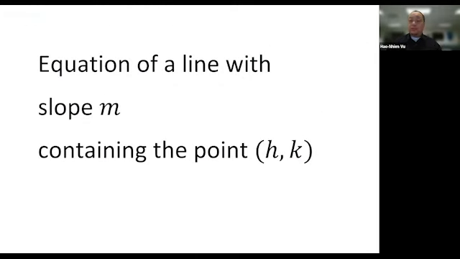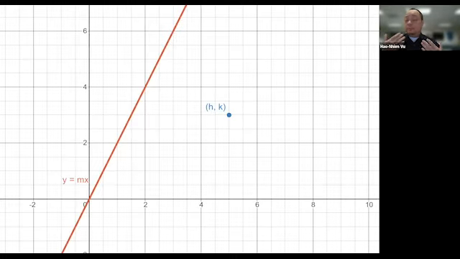Now let's look at the situation where we need to use the point slope formula. We want the equation of a line with a given slope of m and containing the point h comma k. All right, first let's just do one at a time. So the slope of m, that's the line y equals mx, that's the red line there, and the point h comma k, which is just a point. Now, what I need is to make sure that the red line somehow moves over to the blue dot.